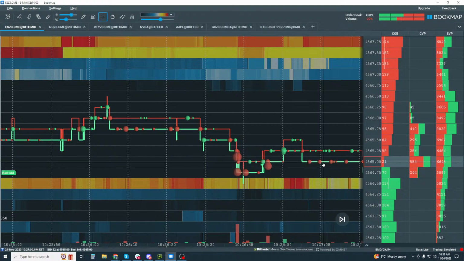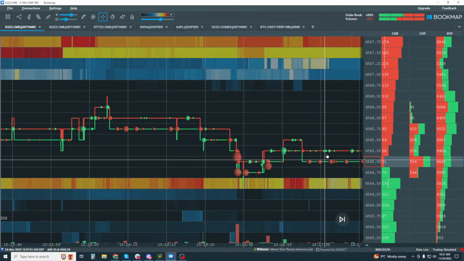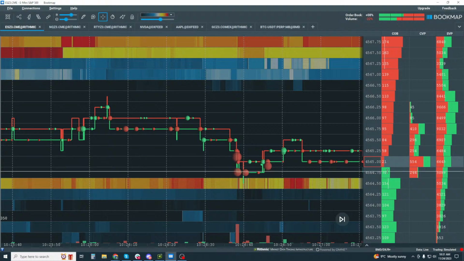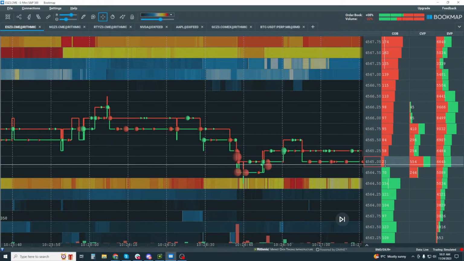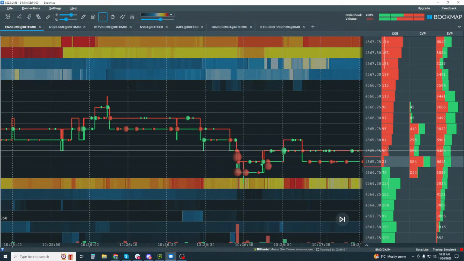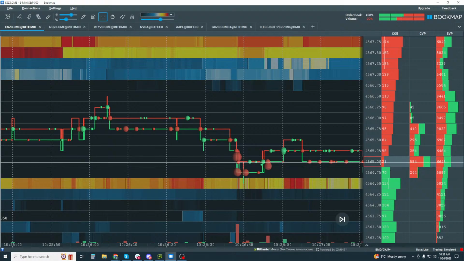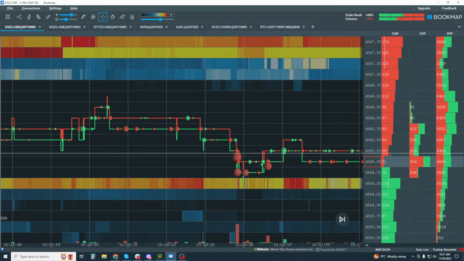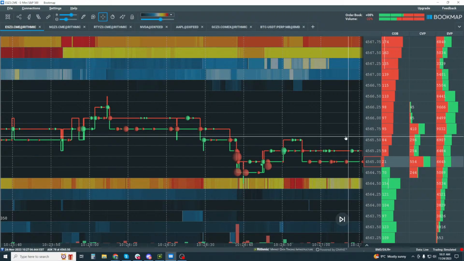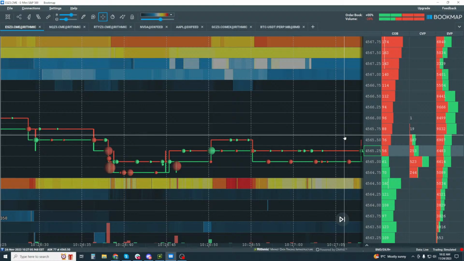Right? And it moves by a tick, or it moves by where the liquidity is provided. So, for example, let's suppose here at the best offer, let's just move in a little bit.